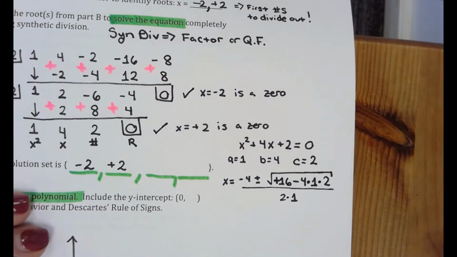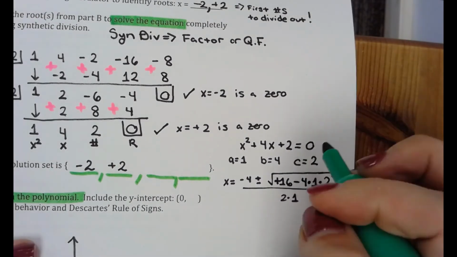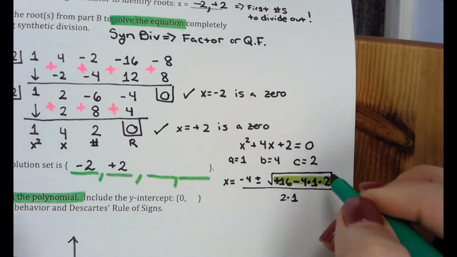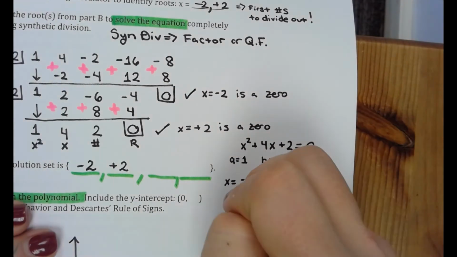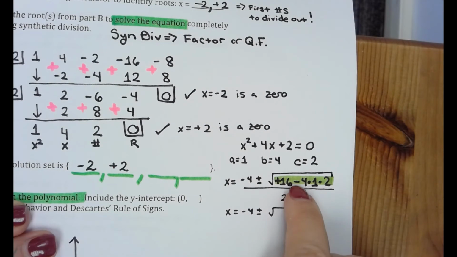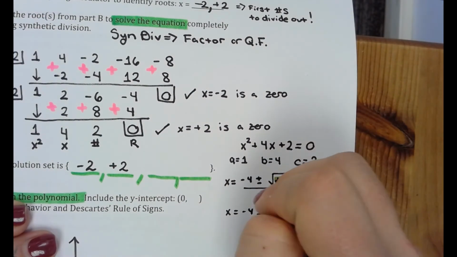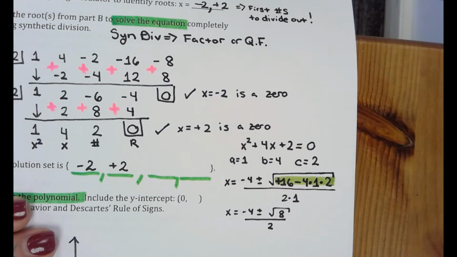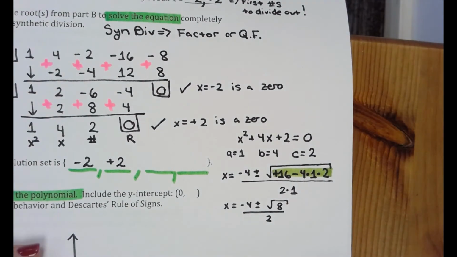I'm going to really start simplifying. First things first, I'm going to simplify my discriminant. 16 minus 4 times 1 times 2. 16 minus 8 is 8, all over 2. Okay, I can definitely see why I'm getting a decimal here.